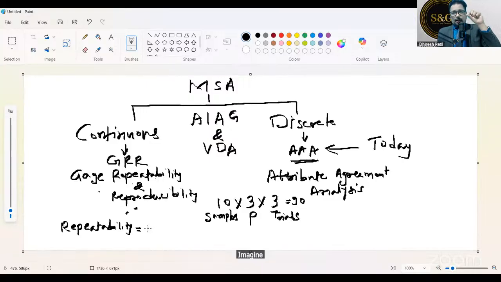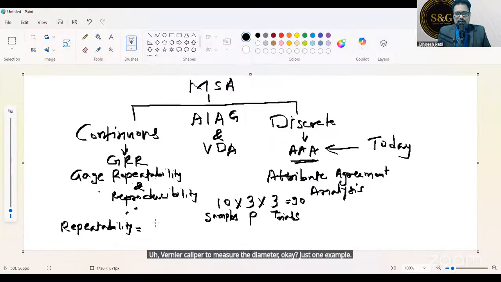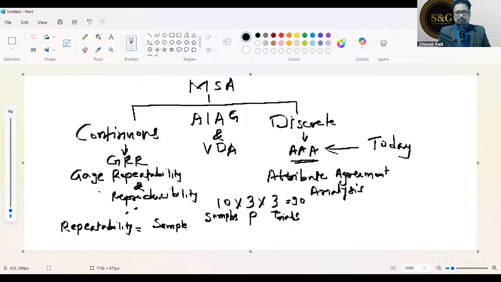Imagine you take a vernier caliper to measure the diameter, just one example. So same sample, plus same equipment, and the same person.